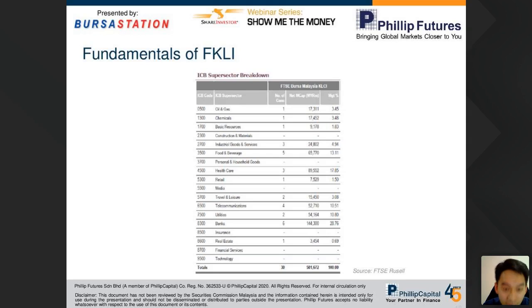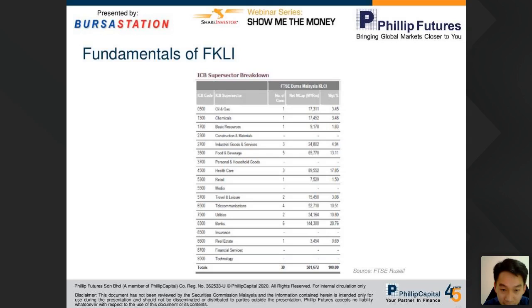But bear in mind that I'm not sure what the healthcare weightage is now, because previously it was 17% in June. It might be almost similar to the weightage of banks now. We'll have to do a calculation then.